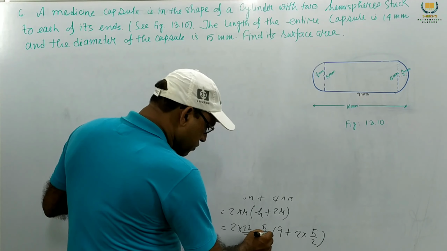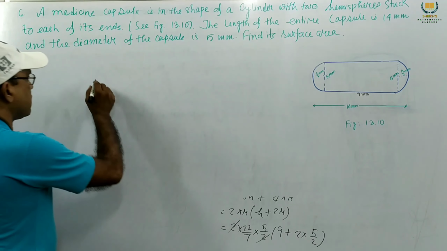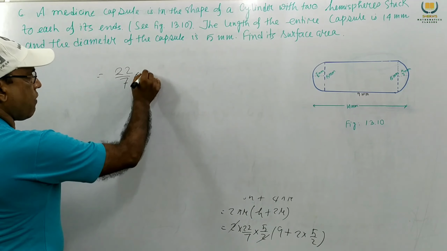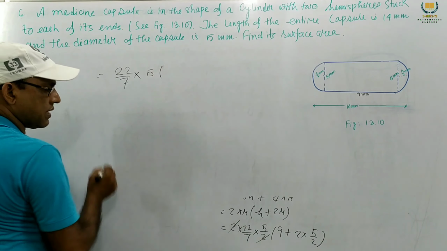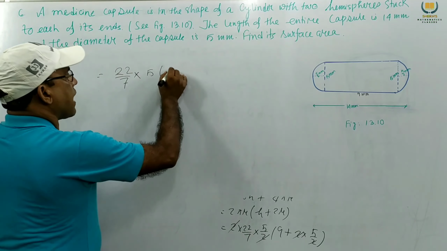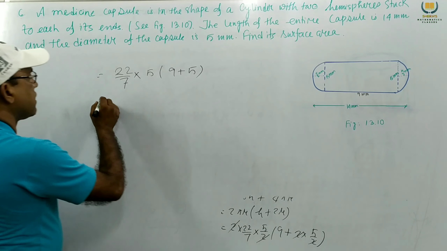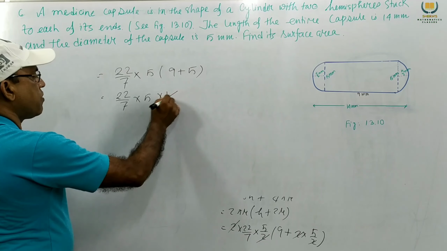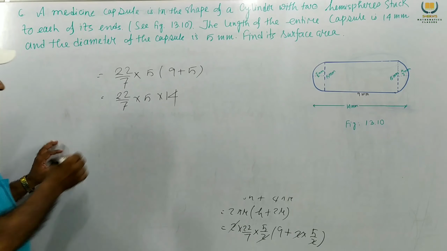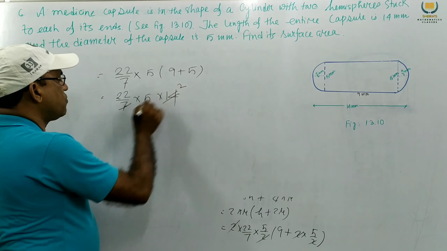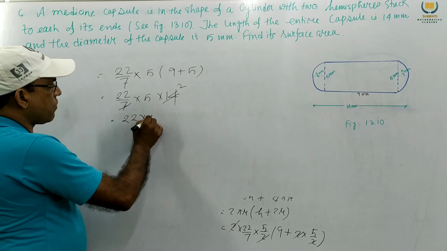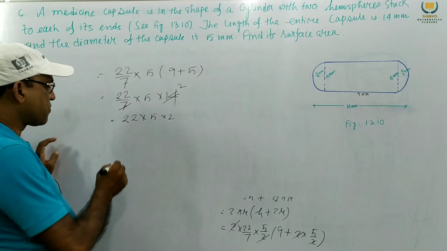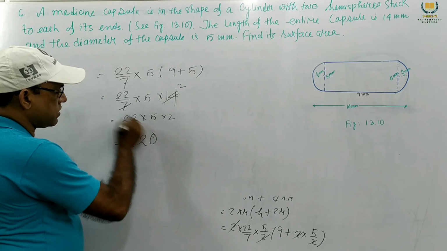So now these two cancel. So we get 22 by 7 into 5, and this 2 cancels, 9 plus 5 we get. This is 22 by 7 into 5 into 14. Then this 7 and this 14, 2 we get, 2 into 5 is 10, 10 into 22 is 220.